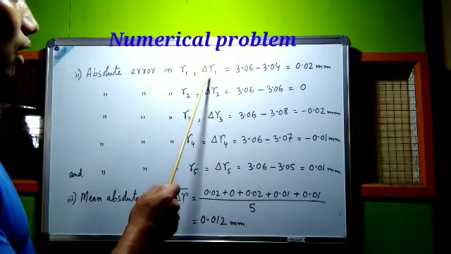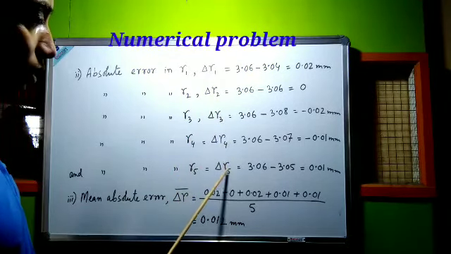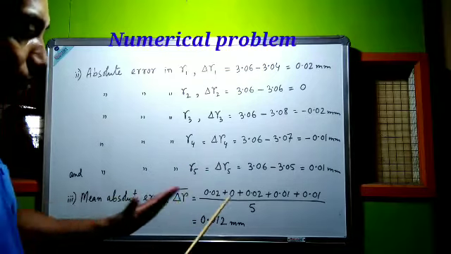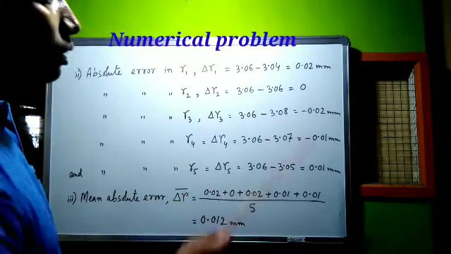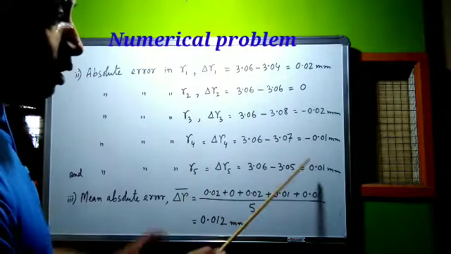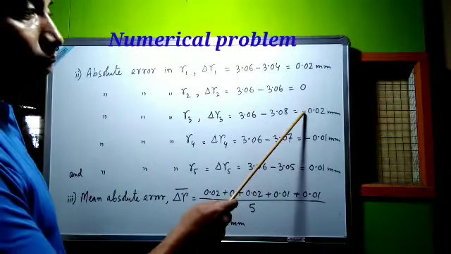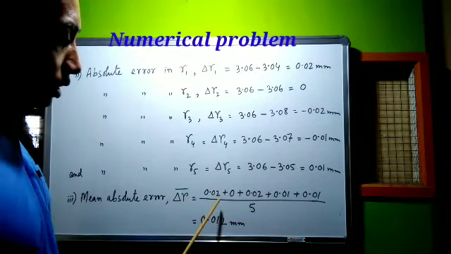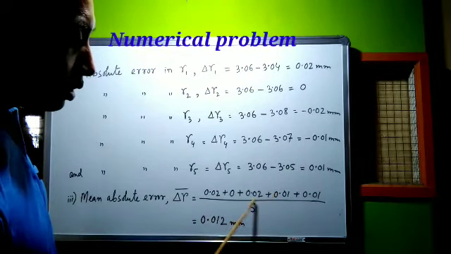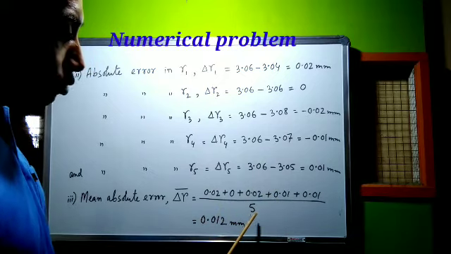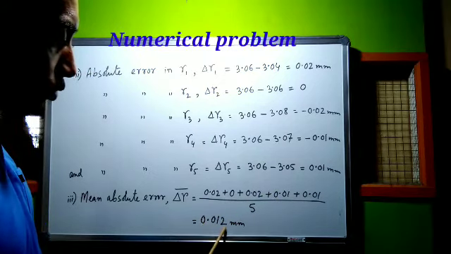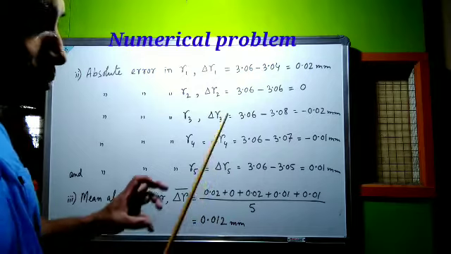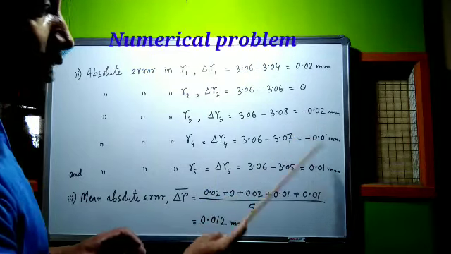That is delta R1, delta R2, delta R3, delta R4, delta R5, take the mean. For the mean absolute error, the absolute error in each measured value is taken as a positive value, whether it is plus or minus. Adding these and dividing by 5, you will get 0.012 millimeter, which is the mean absolute error. Neglect the negative signs of the absolute errors.